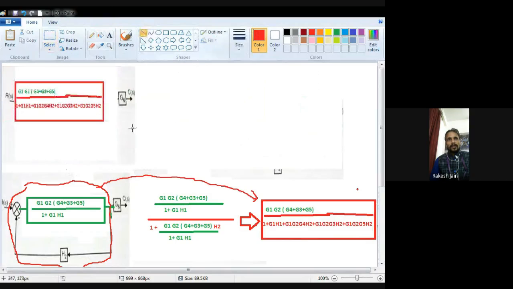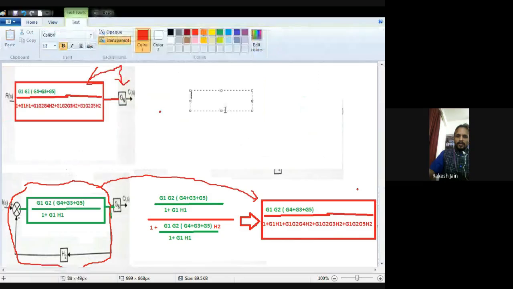Now what will happen? Again, these two blocks come in cascade. These two blocks, this one and this one, are in cascade. So what will be the final answer of CS upon RS?